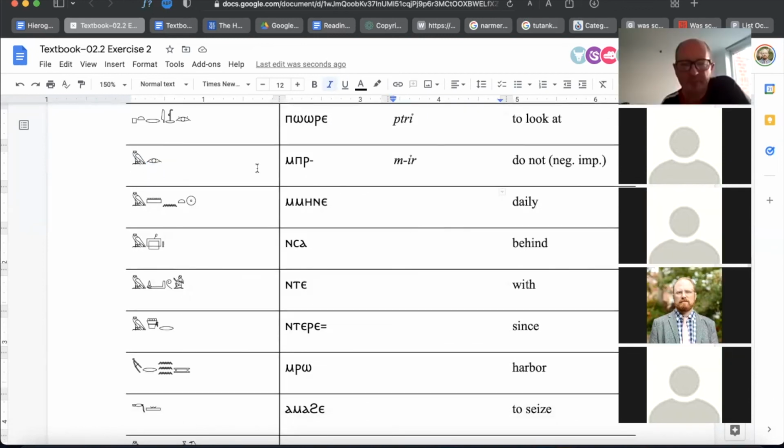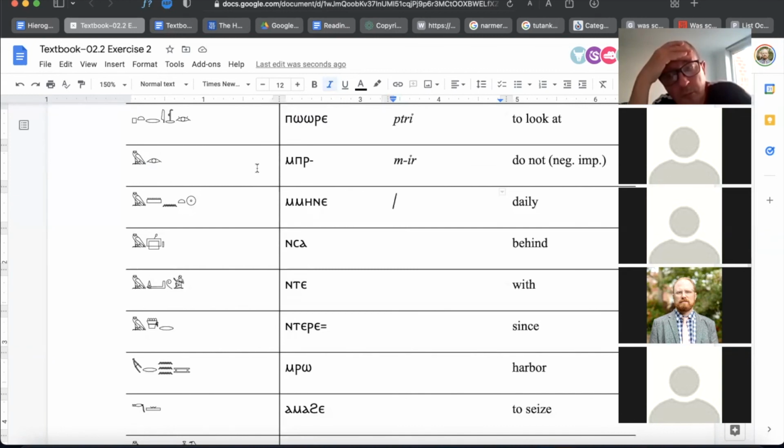Random question, is this form also used in the negative confessions of the Book of the Dead? Like, I did not do this and this and this. I think that uses a negated sejm F, if I remember correctly. Like ni sejm F, I would guess is the form that's used there, because they are written in literary Late Egyptian, Middle Egyptian, but after the time period of Middle Egyptian.